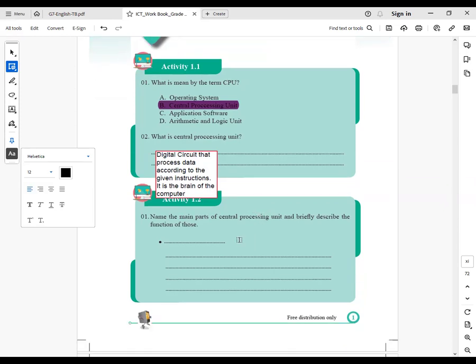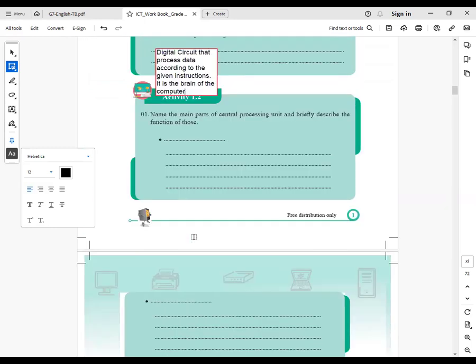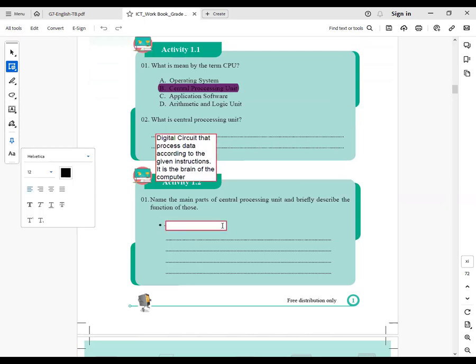Right. Then activity 1.2: name the main parts of the central processing unit and briefly describe the function of those. So the first one is the Arithmetic and Logical Unit, ALU.